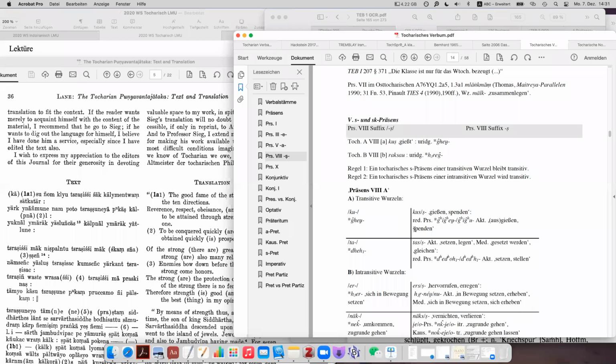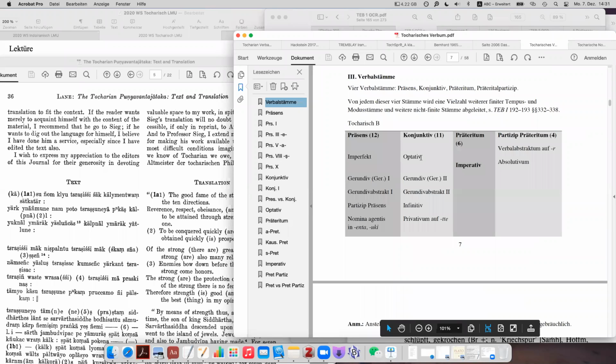Verbs are a little bit complicated. At the beginning we talked about this table of four categories, right? Basically we can build all the forms from the four stems. The first is the present stem, the second is the subjunctive stem, the third is the preterite stem, and the fourth is the participle preterite stem.